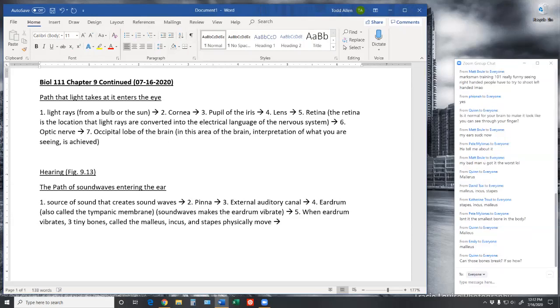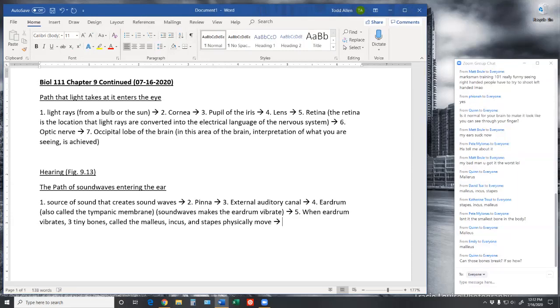Queen, can those bones break? Yes, they can. Any bone in the body can potentially break. Usually the bones in the middle ear would only break with extreme trauma or disease.